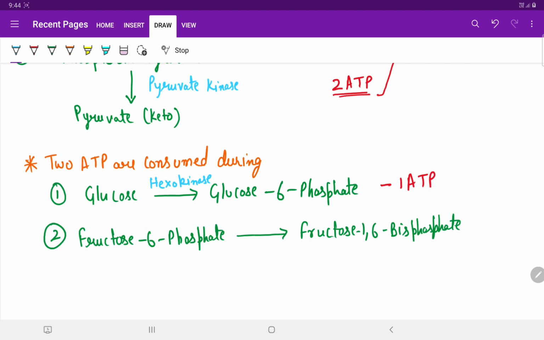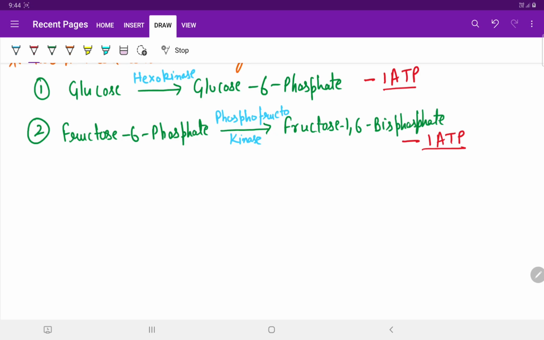This is controlled by enzyme phosphofructokinase. So this also involves the investment of 1 ATP molecule.